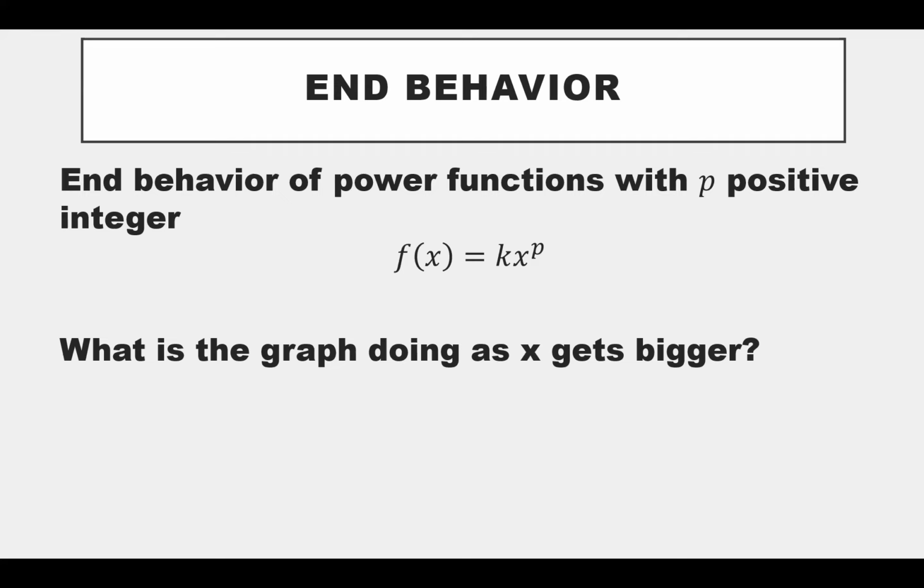In other words, as x gets bigger and bigger and bigger, what is my y value going to? As x goes to positive infinity, what does my y value go to? And then we'll do the same thing as x goes to negative infinity. That's sort of end behavior on the left-hand side. As x gets further and further away from zero, what's my corresponding y value doing?